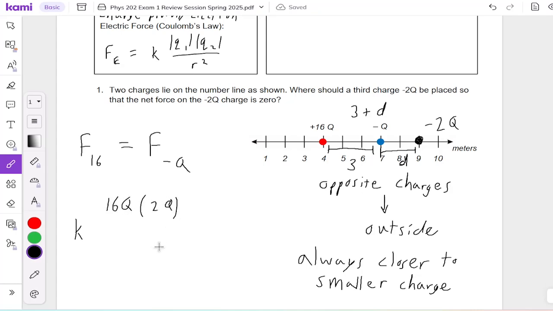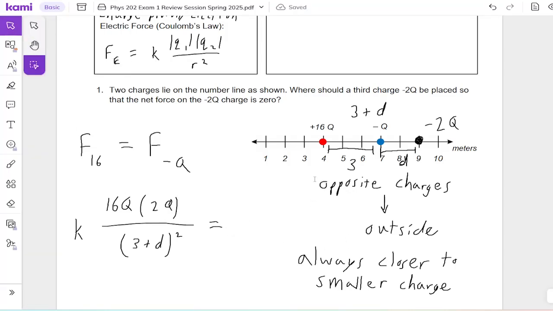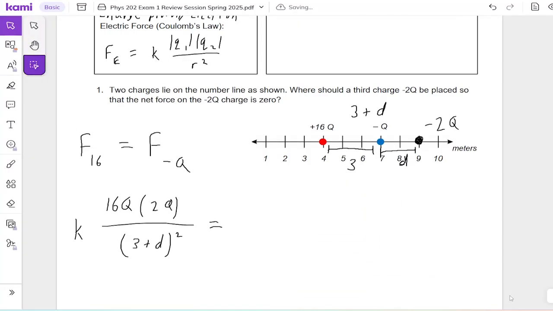But I wrote positive 2Q because, as you know, I'm putting absolute values here. And then divided by the distance squared. Like I said a minute ago, this is 3 plus d squared. That's the distance from the red circle to my black dot, 3 plus d, and then we square it. And then I need to set it equal to the force from the little guy, the blue dot.